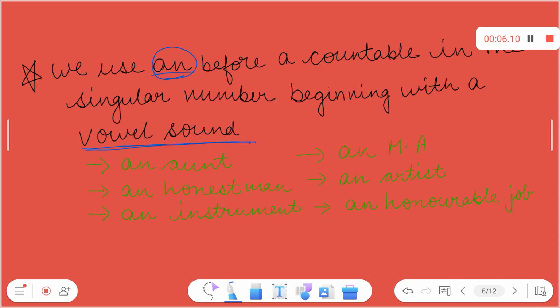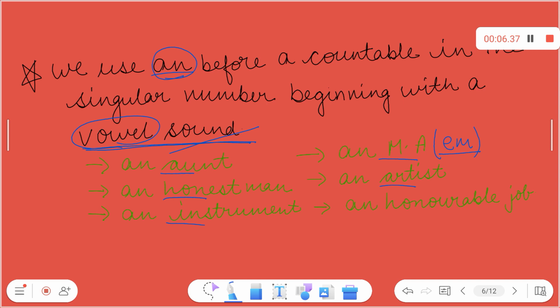Again here also we are talking about vowel sound, not the vowel itself. See, I say an aunt, an honest man, an instrument, an MA. When I say an MA, the pronunciation starts with a vowel sound. And when I say an artist, it's okay.